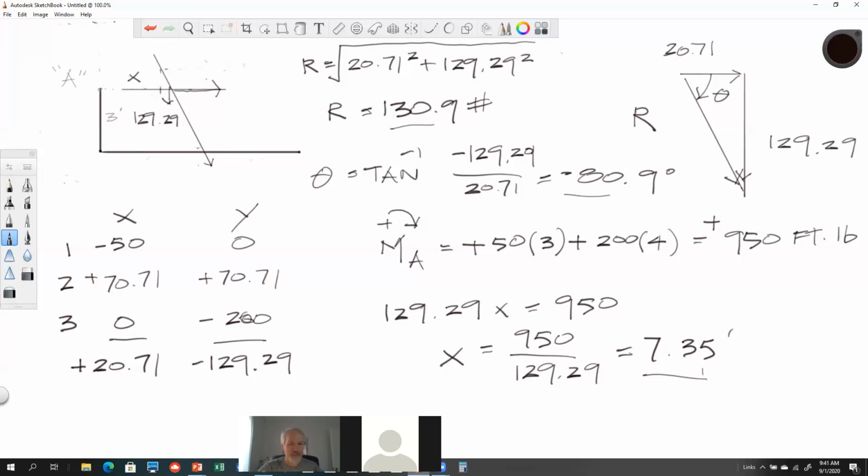You should be able to solve the resultant and its direction pretty easily. When you get to this point where you're using transmissibility and sliding, that's a little trickier, okay? So do what you can, and we will resolve the rest of this stuff then on Thursday, okay?